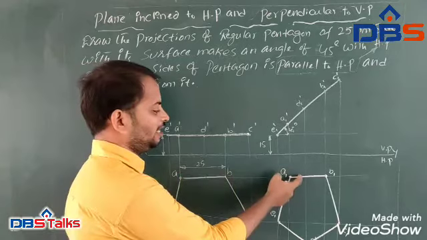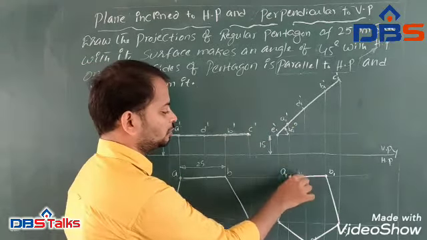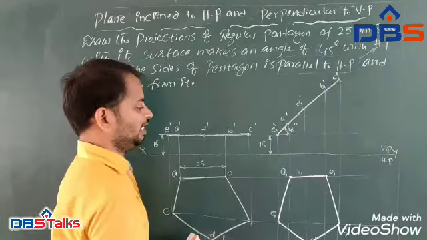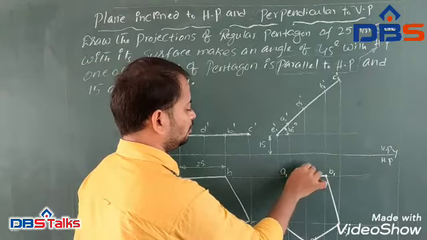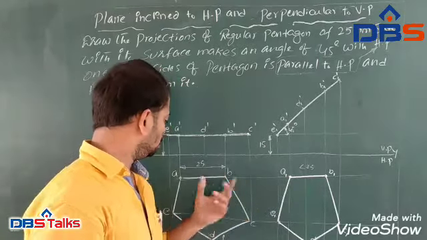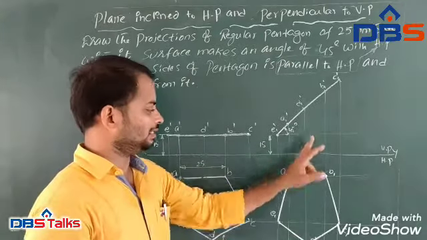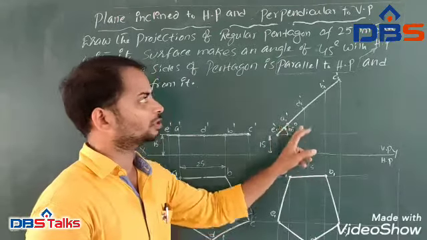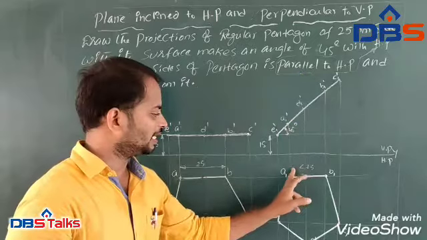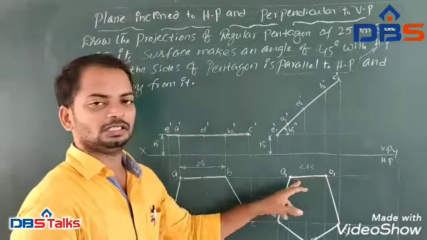When we make an angle with HP, it decreases to less than 25. The length of the original pentagon is 25, but angled at 45 degrees with HP, it makes a length of less than 25 mm if you measure these values.